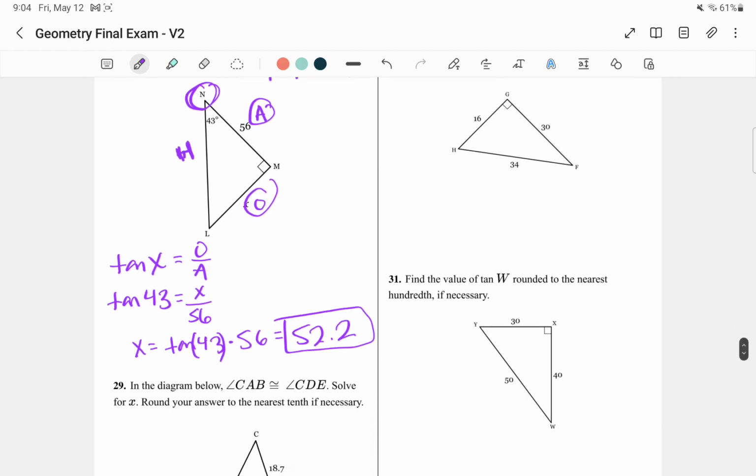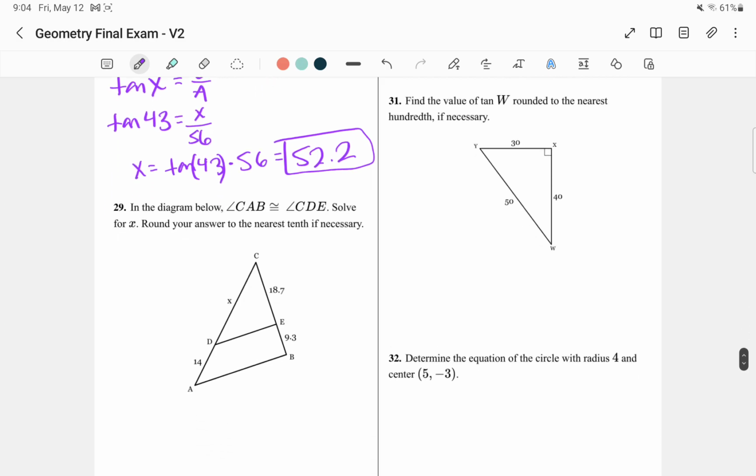All right, so 29. This is part of our similarity unit, which is basically when we divide this up, it becomes proportional. So x over 14 is equal to 18.7 over 9.3, right? This side, which is x over 14, is equal to this side, which is 18.7 over 9.3.